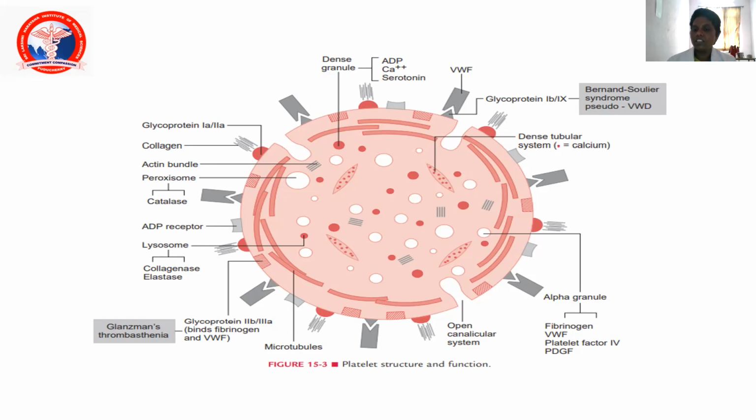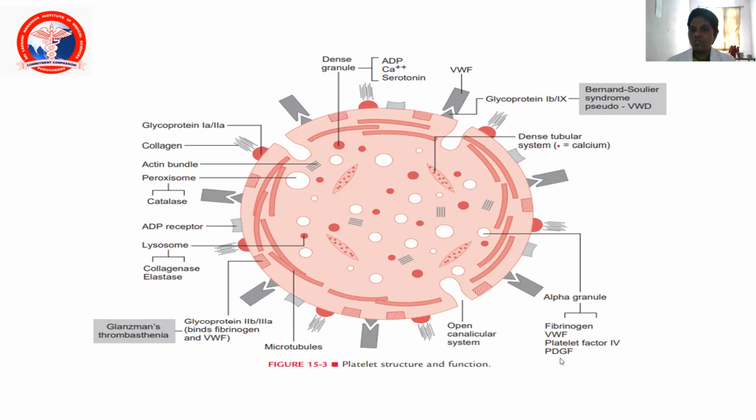Whenever there is injury, we need the coagulation process to step forward. So all these anticoagulants should be inhibited so that the coagulation process is pronounced. So platelet factor 4 inhibits the heparin that is released into the general circulation.